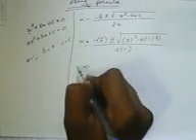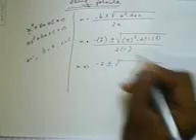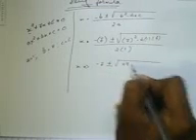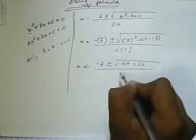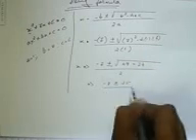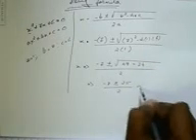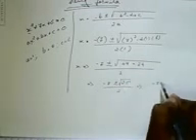Now, minus 7 plus or minus square root of 49 minus 4 times 6, which is 24, the whole thing divided by 2. This gives minus 7 plus or minus square root of 25, divided by 2, so minus 7 plus or minus 5, divided by 2.